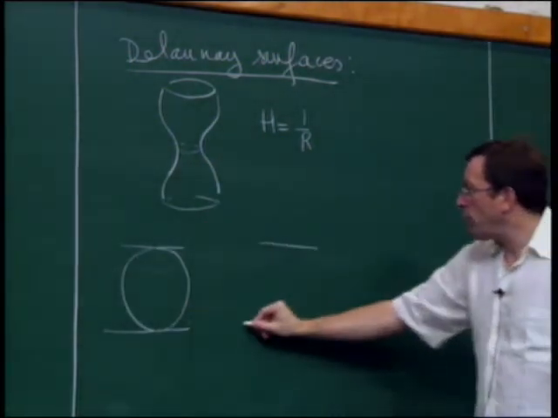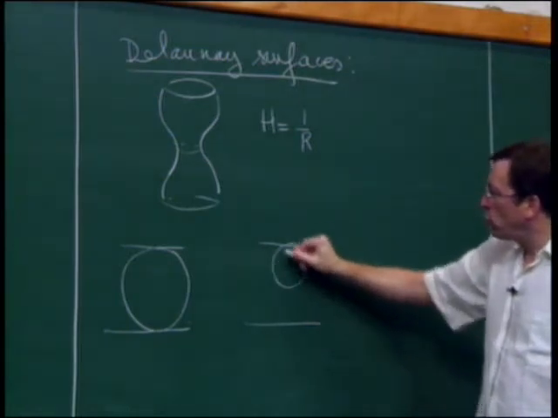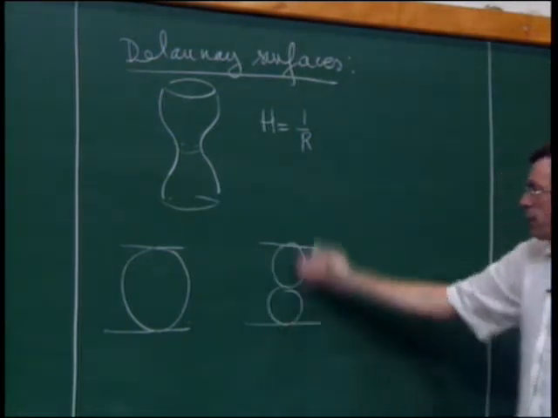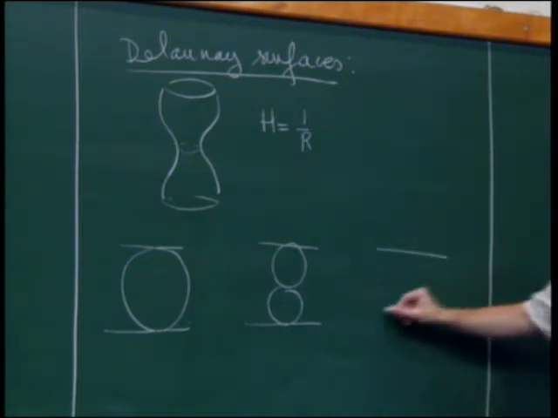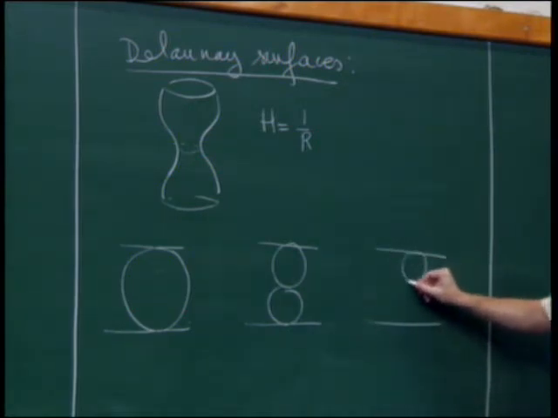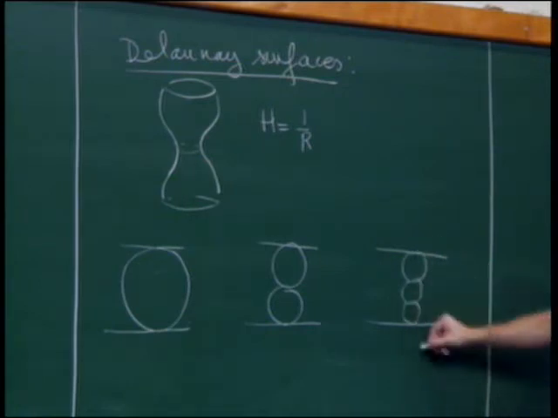The second branch of bifurcation converges to two spheres which are tangent to each other and aligned along the vertical axis. And the third bifurcation branch converges to three spheres which are supposed to be of equal radii, and so on and so forth.